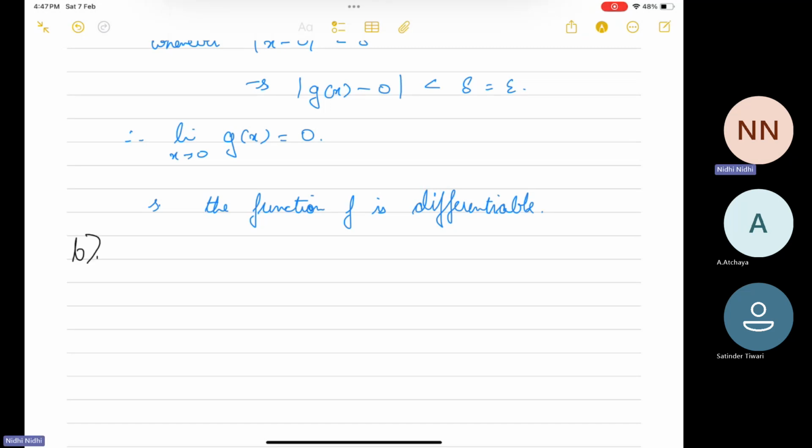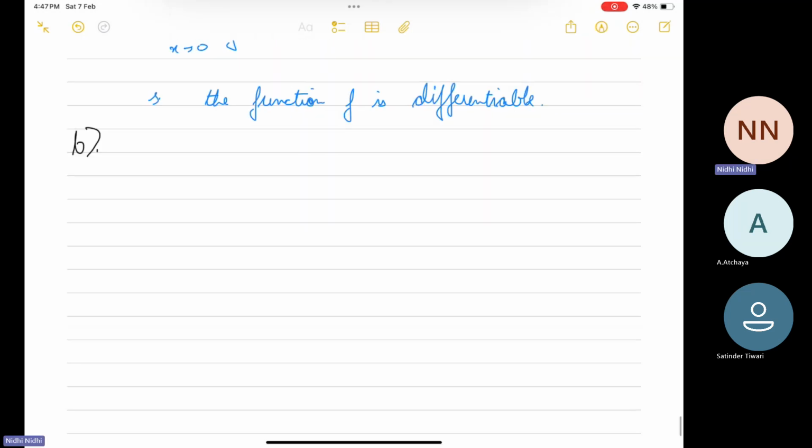Next is similar. B part. We have f(x) equals x square cos 1 by x for x non-zero, and 0 for x equals 0. Check differentiability of this function at x equals 0.